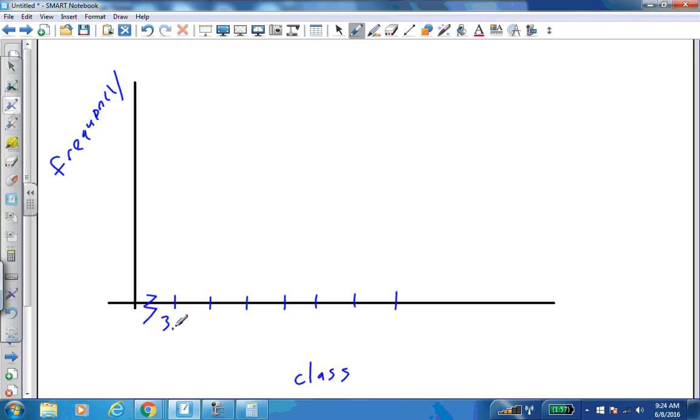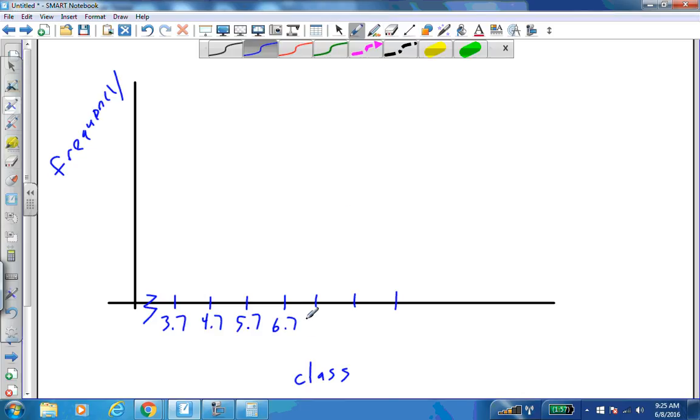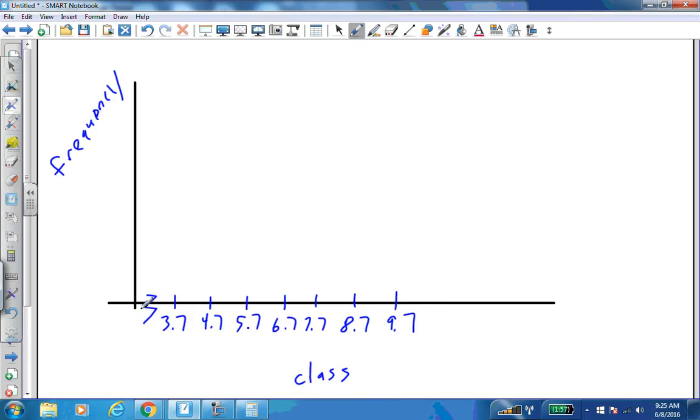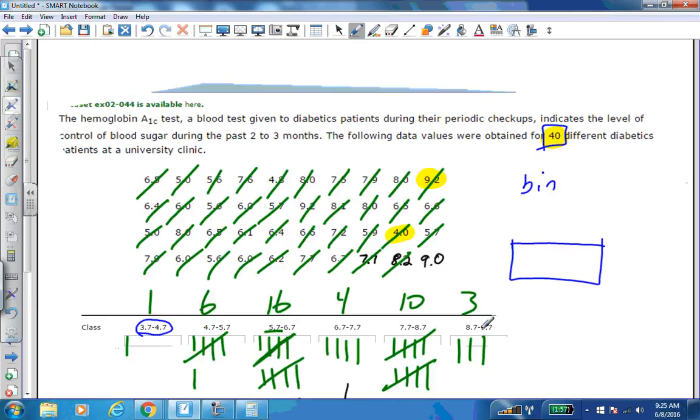When I put 3.7 here, then 4.7, 5.7, 6.7, I think 7 comes after 6, if I can count right. Just means we skipped. We didn't go straight from 0.7 to 1.7 to 2.7. We skipped over, and then we started at our smallest boundary of our smallest class and went to our upper boundary of our upper class. So we go from 3.7 up to 9.7.